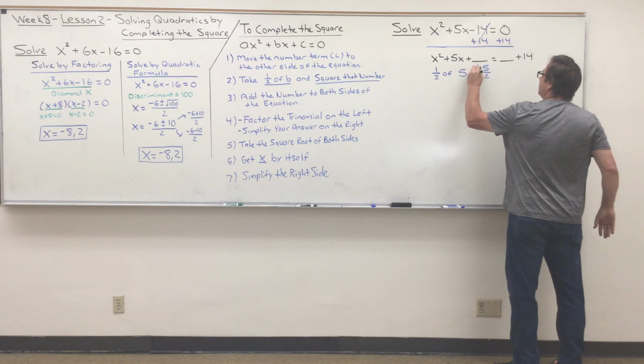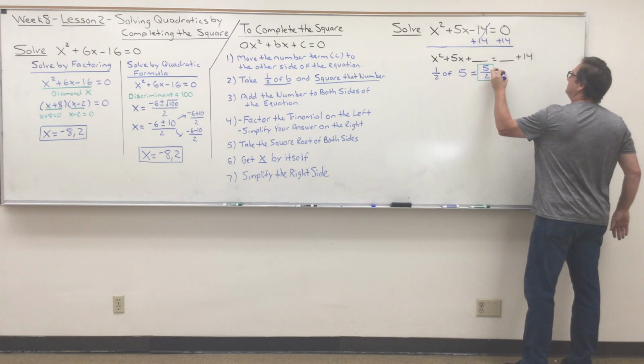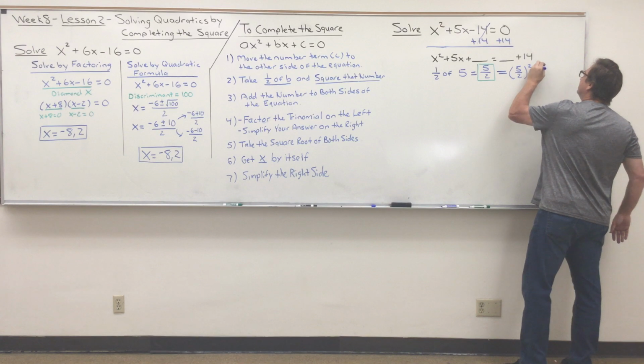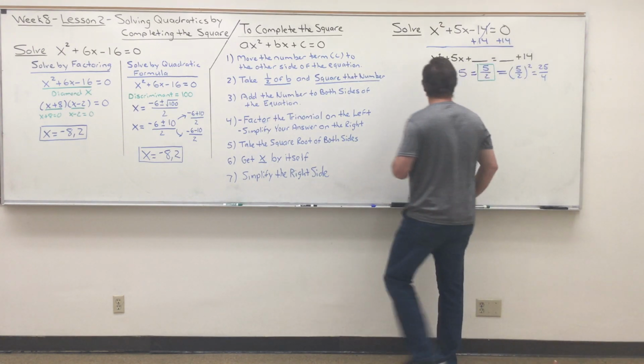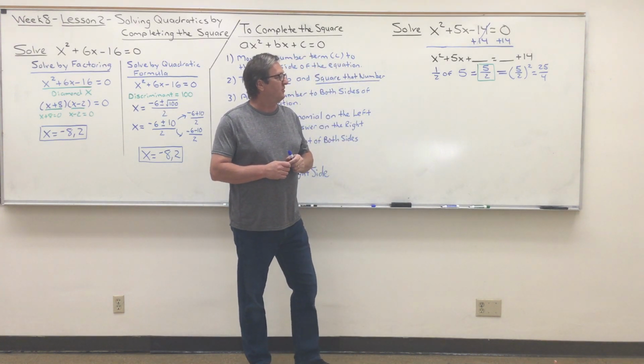So here is 5 halves. And 5 halves squared, or 5 halves times 5 halves, is 25 over 4.